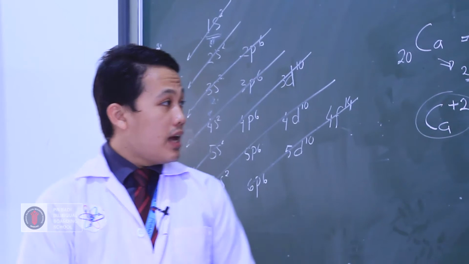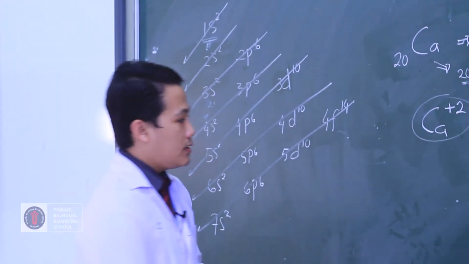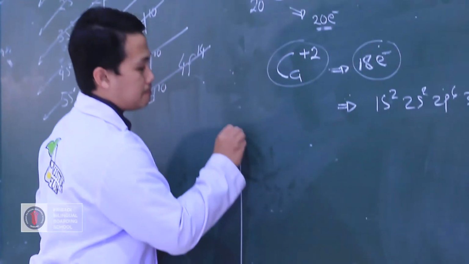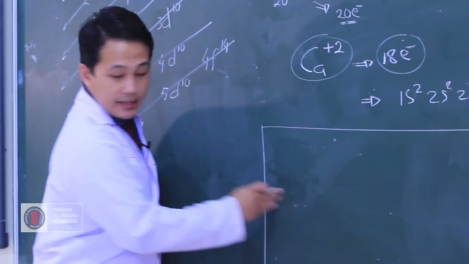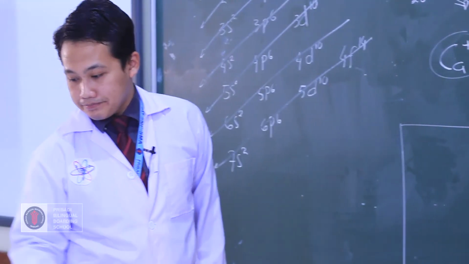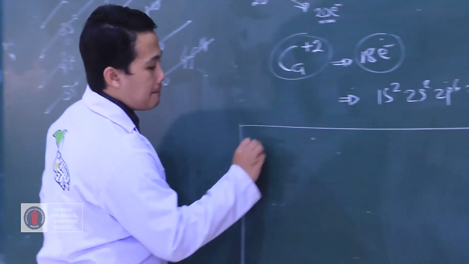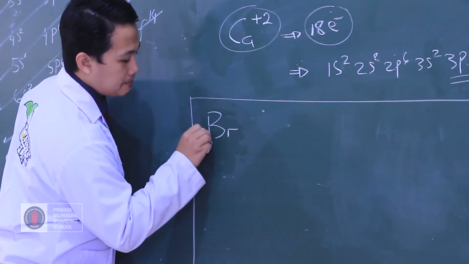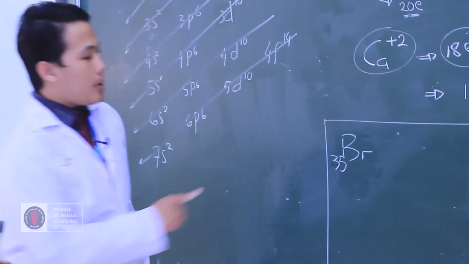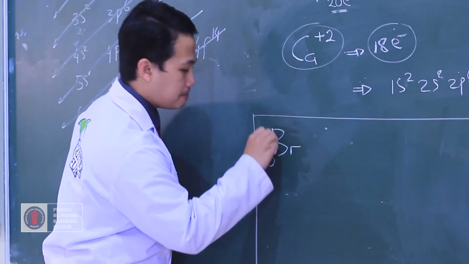Okay, so now I'll give you some tasks to do at home. Here I have, let's say, Br 35, or bromine 35.